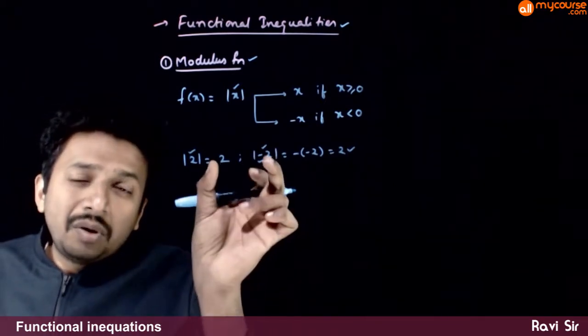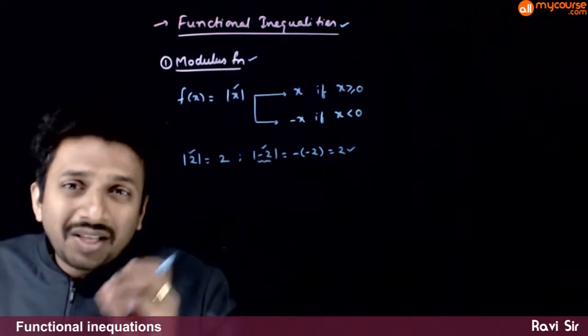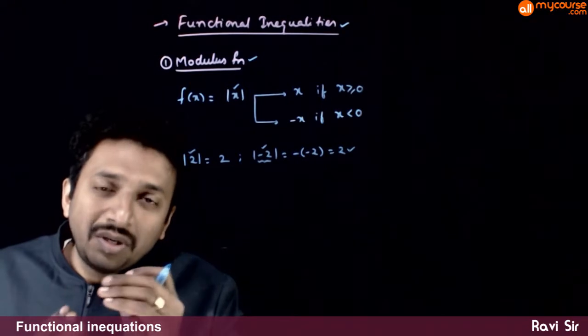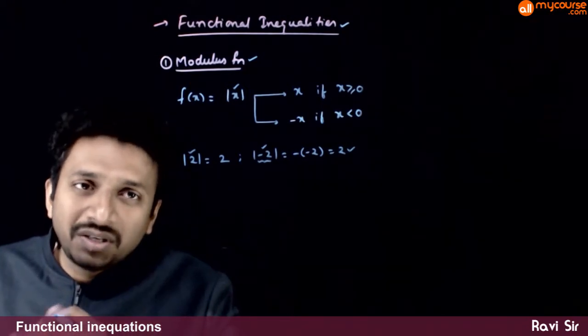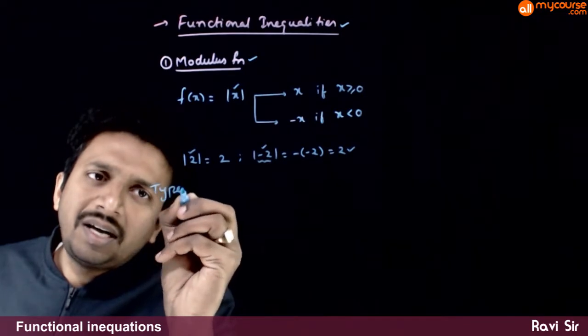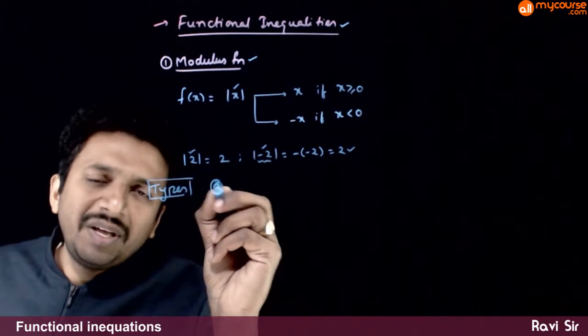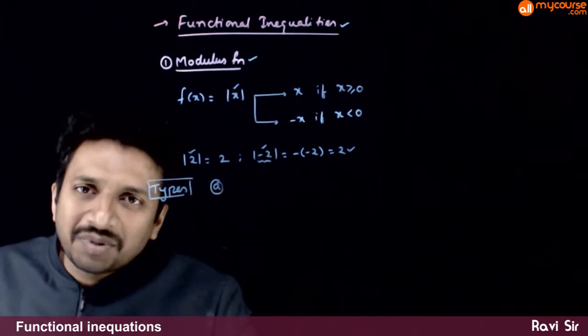Now, once you understand the definition of the mod function, what are the types of inequalities that you encounter using this modulus function? Let me chalk out the basic types.